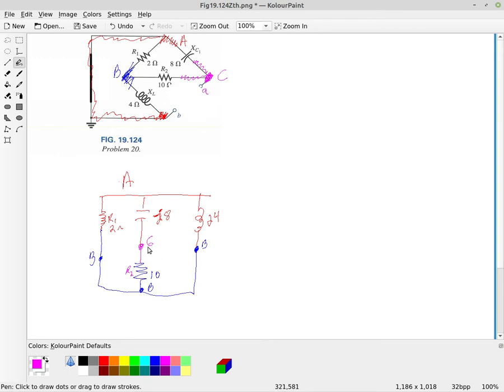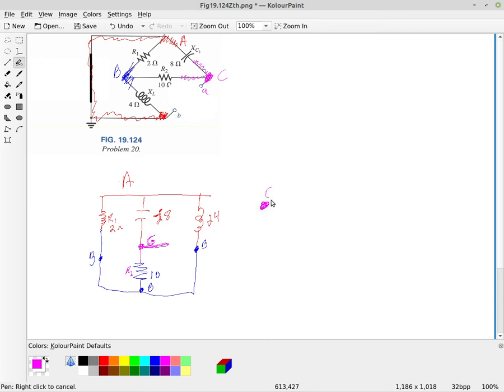So what I'm trying to get here is this point right here. And I need to maybe redraw this again. So I want like an open here.